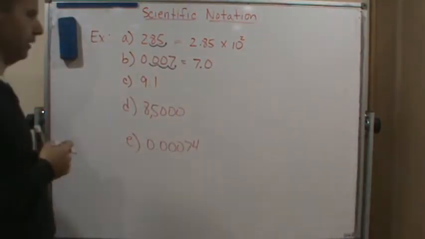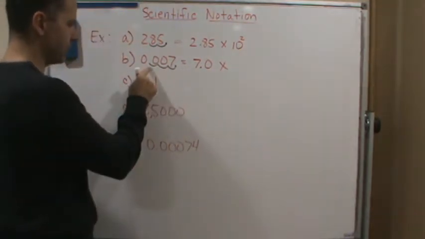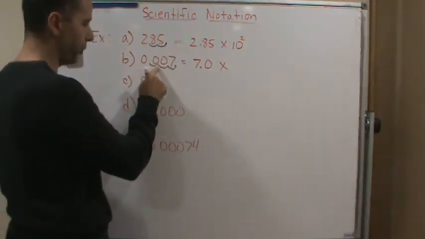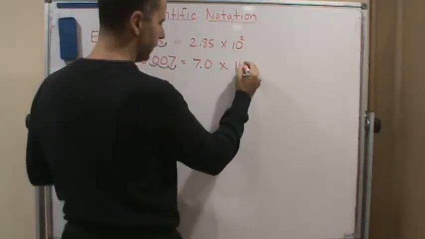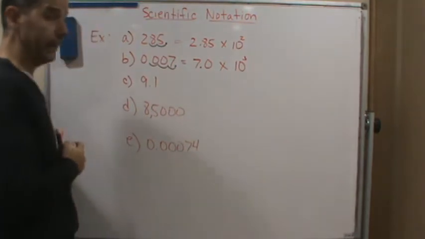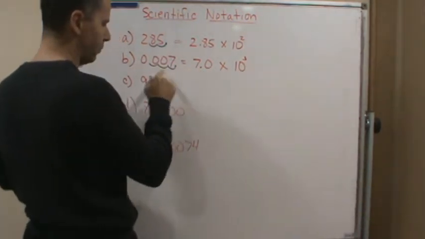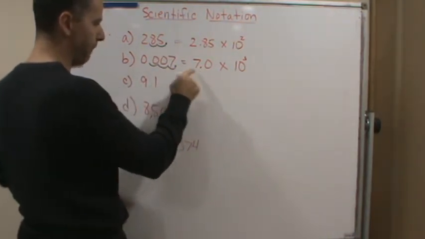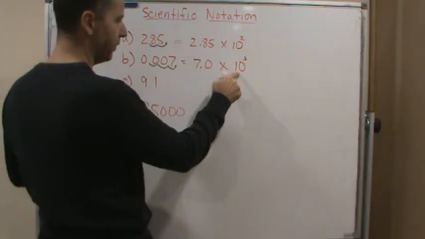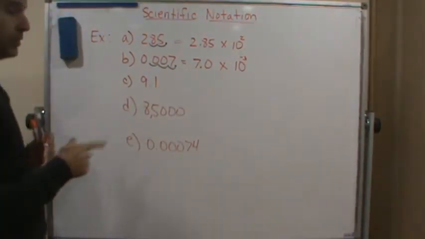So I get 7. Now I've got to multiply by a power of 10. Well, I moved the decimal point to the right 3 places. So that means my exponent has to be 3. But, again, this has to equal 0.007. So in order to move this decimal point back to where I started from, this has to be a negative 3. Right?